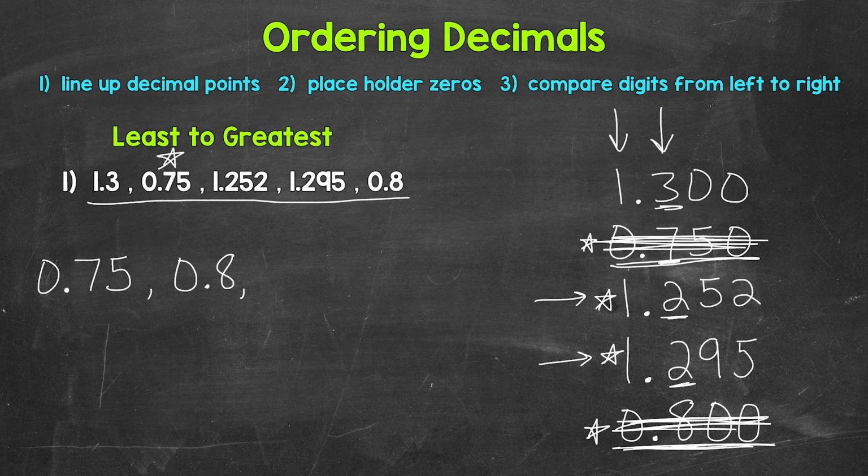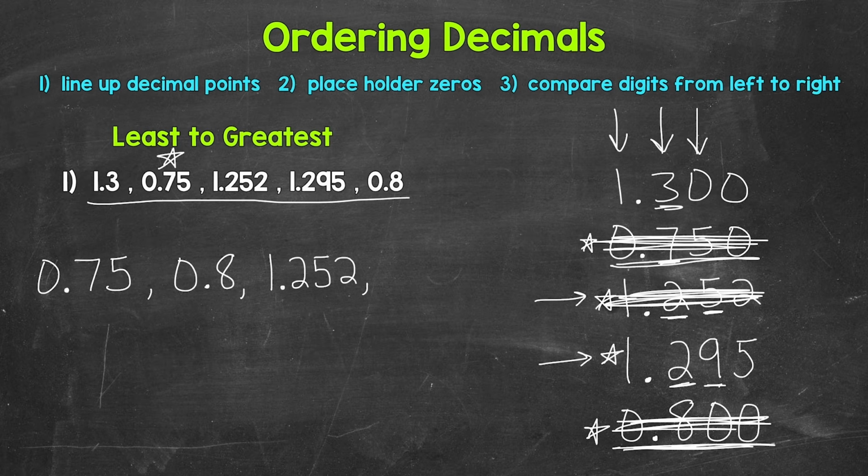Both have a 2 in the tenths, so we need to move over to the next place, the hundredths place, and compare those digits. We have a 5 and a 9. 5 is less than 9, so that comes next. 1 and 252 thousandths. And we can cross this off.